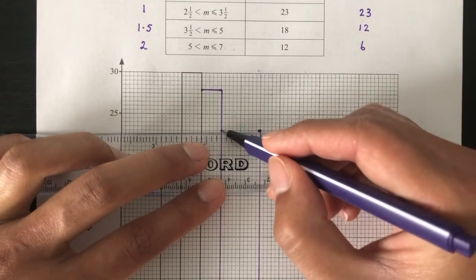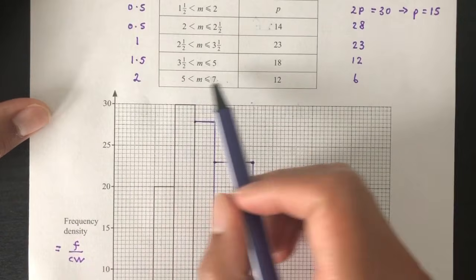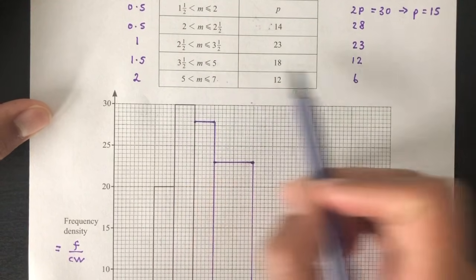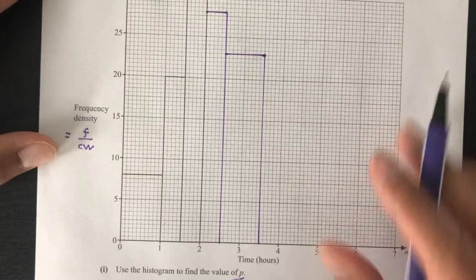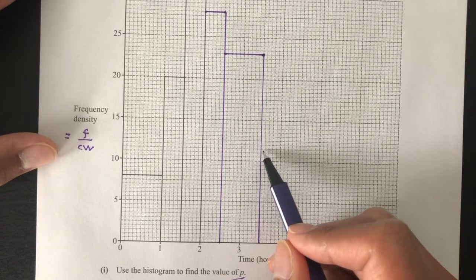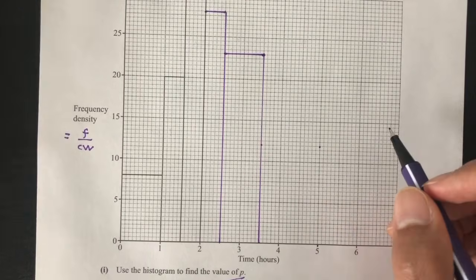Okay. Now what else do we have? We have this group from 3.5 to 5 will be 12. So 3.5 to 5 will be 12. 12 is 10, 11, 12. That will be the other group.